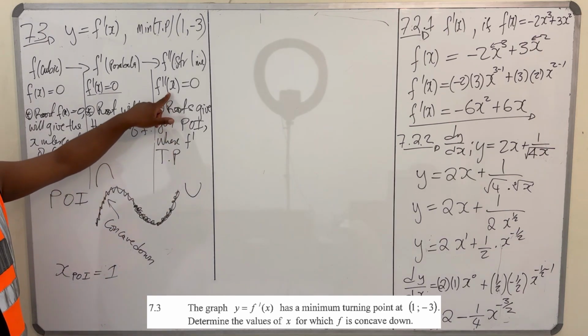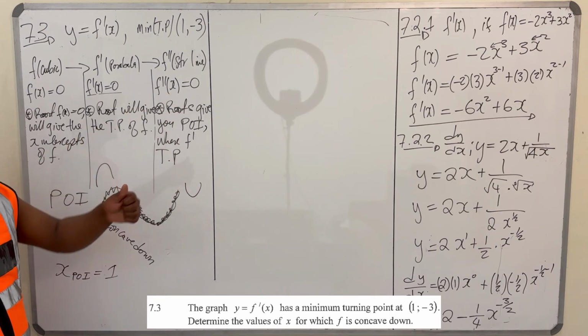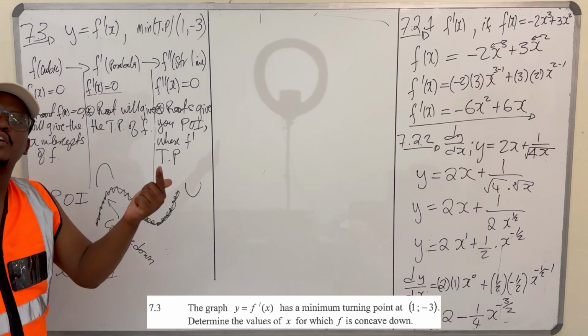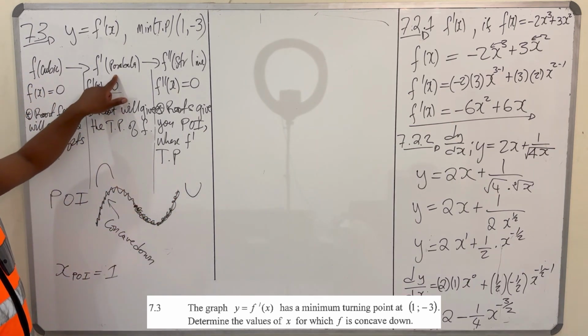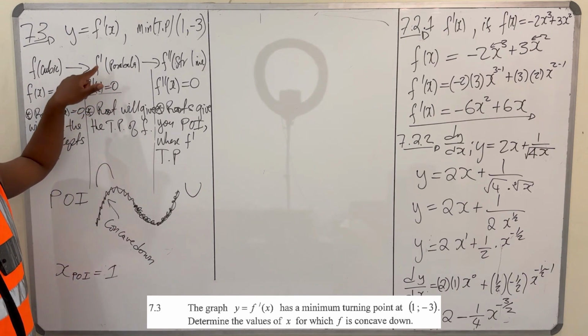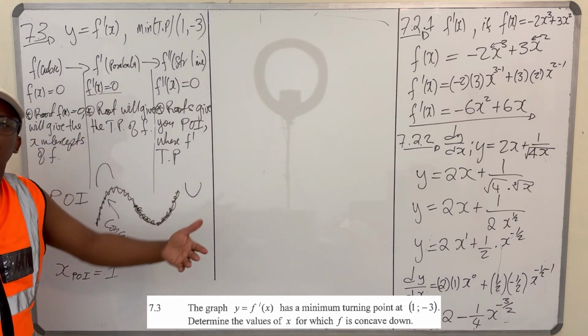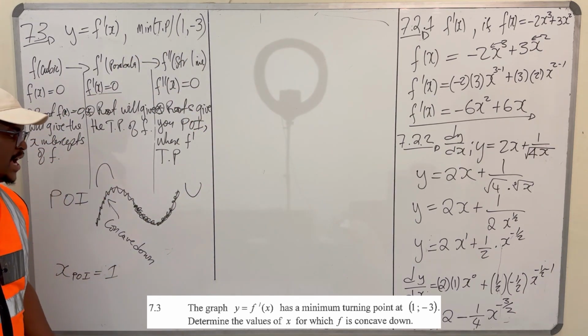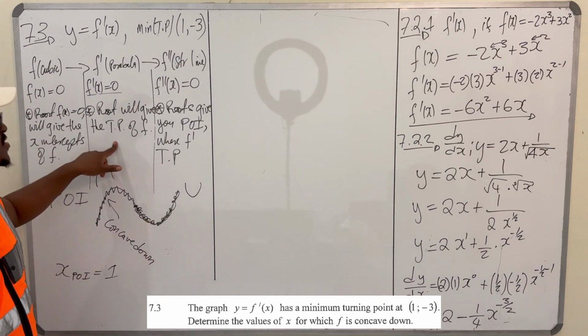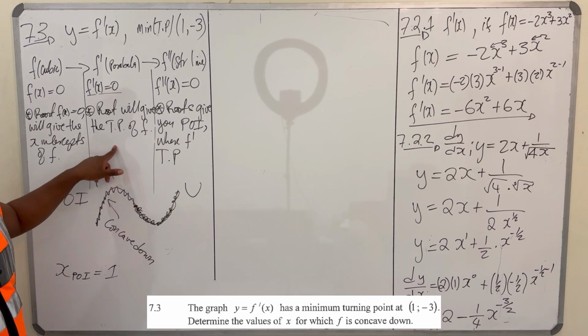Because if you find the roots of the second derivative, they tell you the point of inflection and the turning point of your gradient function, which is f prime, the parabola. So we're given the x-coordinate of the turning point to be 1, which is the point of inflection. And they told you that this point is a minimum value of the gradient function. So it's the minimum gradient, right?